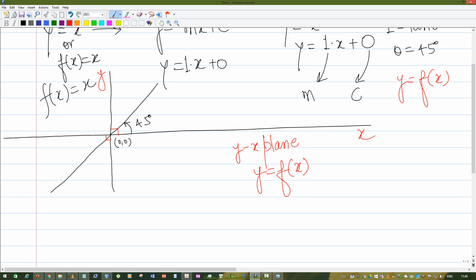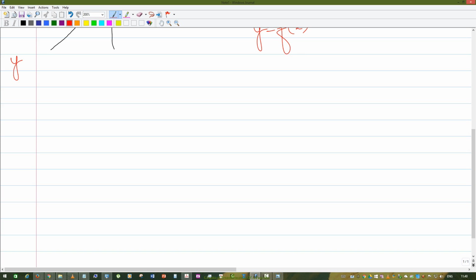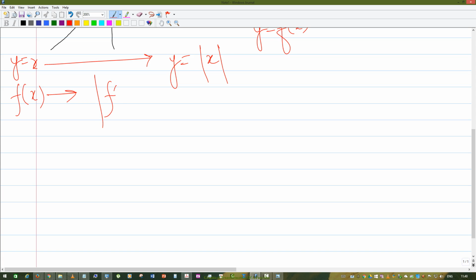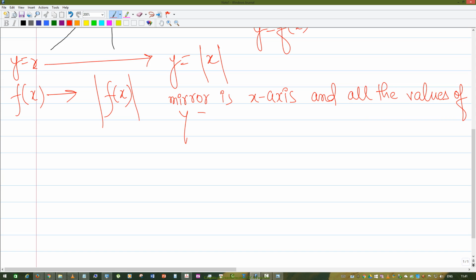Okay, so now moving to the other part. If I have to change it from, let us suppose, y is equal to x, to y is equal to modulus of x, remember the rule: whenever f(x) changes to mod of f(x), take the x-axis as a mirror, and all the values of y are positive.